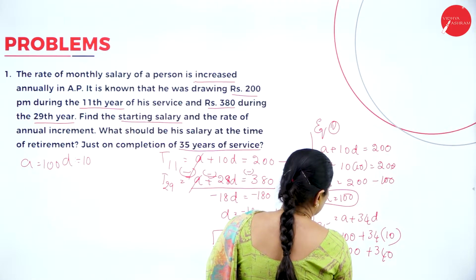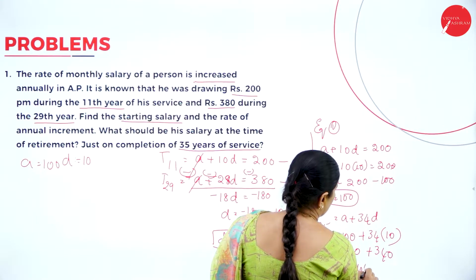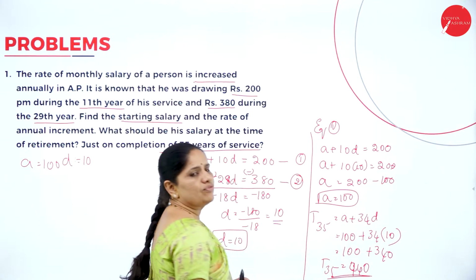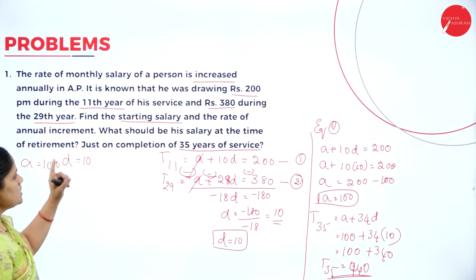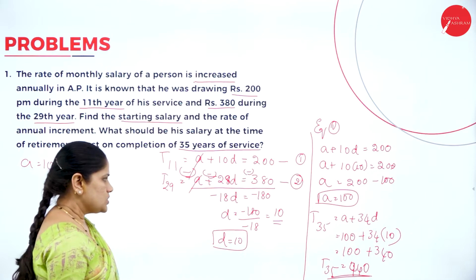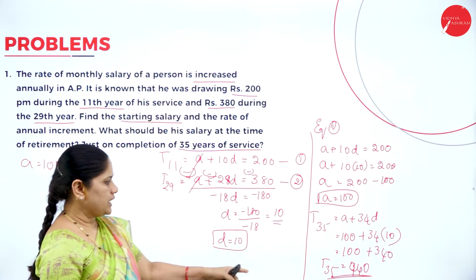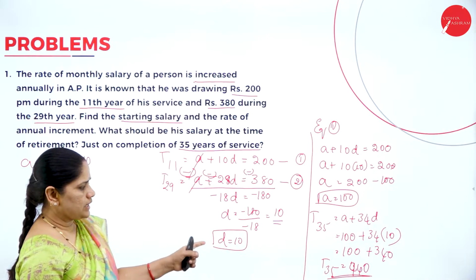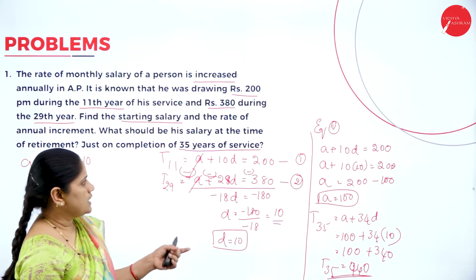So, in the 35th year of his service, he is drawing 440 rupees. So, this is the answer, just on completion of 35 years of his service.